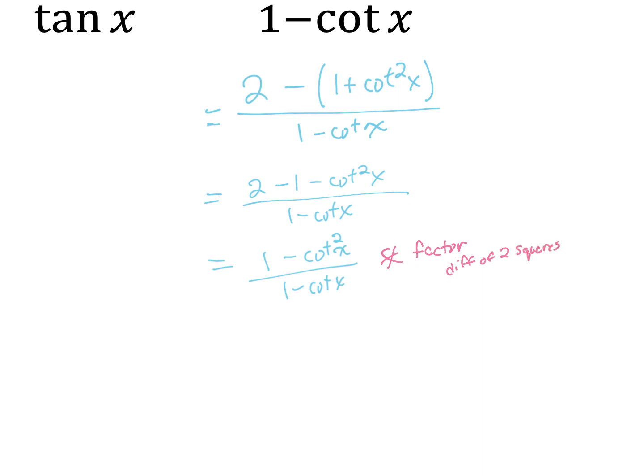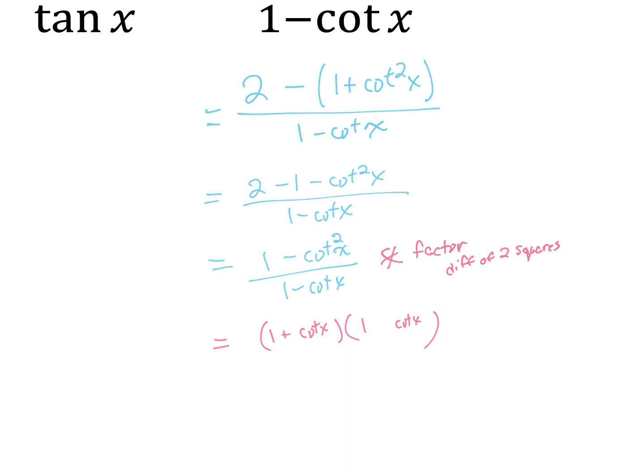Think it would help to put a little note there about what you're doing. That's a difference of 2 squares. So how does the numerator factor? What's the square root of the first term? 1. Good. And the square root of the last term is cotangent x.